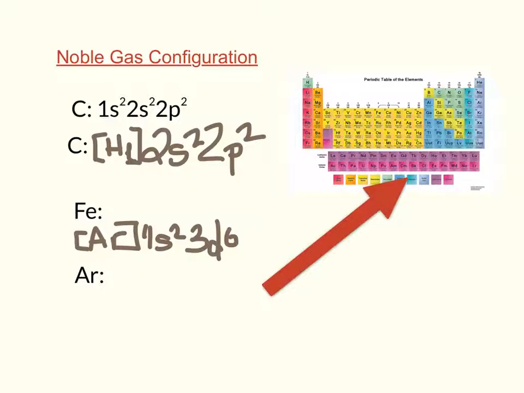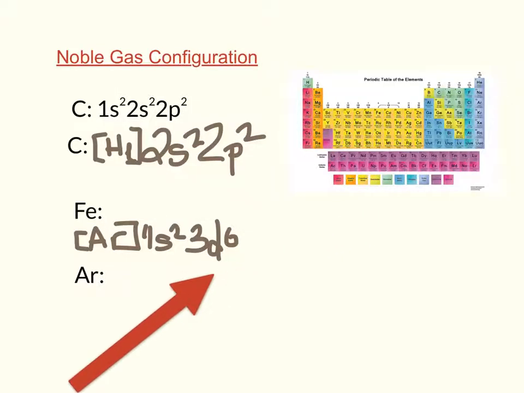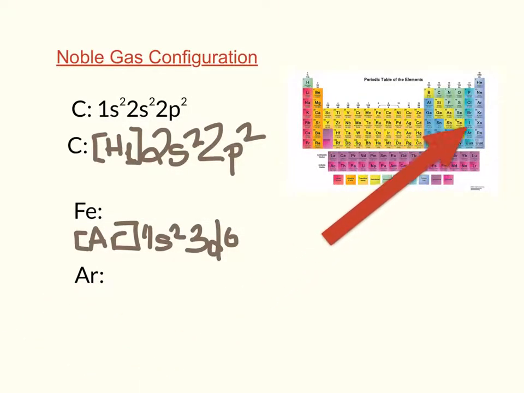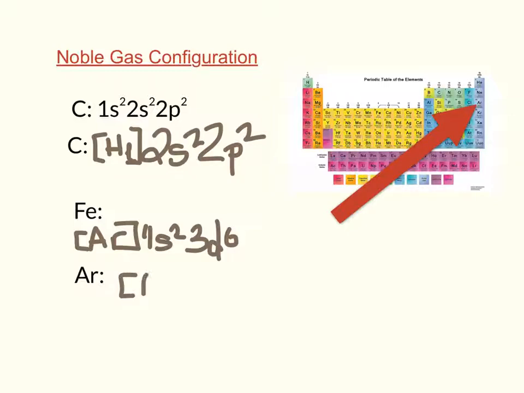The other thing that you need to know about electron configurations is that there's no cheating. See that? That's argon, and argon lives right there. Argon is a noble gas. The one thing you can't do with noble gas configuration is just go, ha ha, I'm so smart, look at that, it is its own noble gas configuration. The whole point of noble gas configuration, and really any electron configuration, is that you're showing where the outer electrons exist in space.